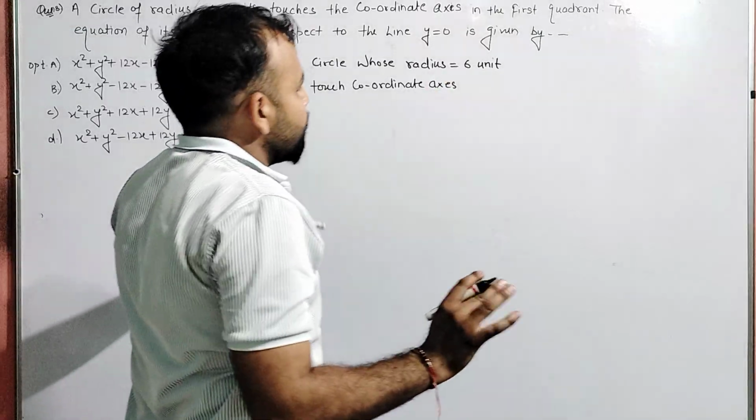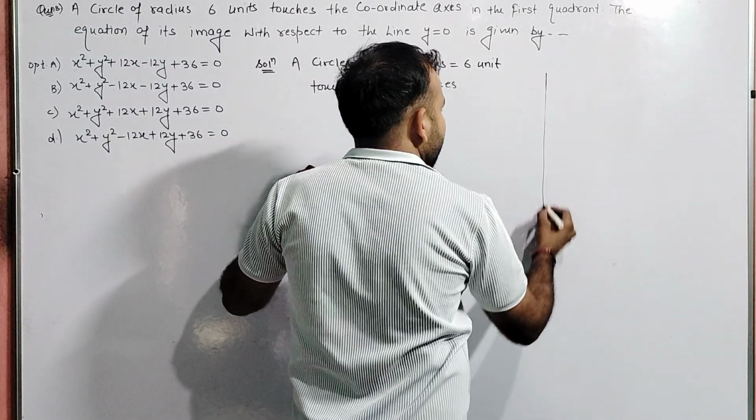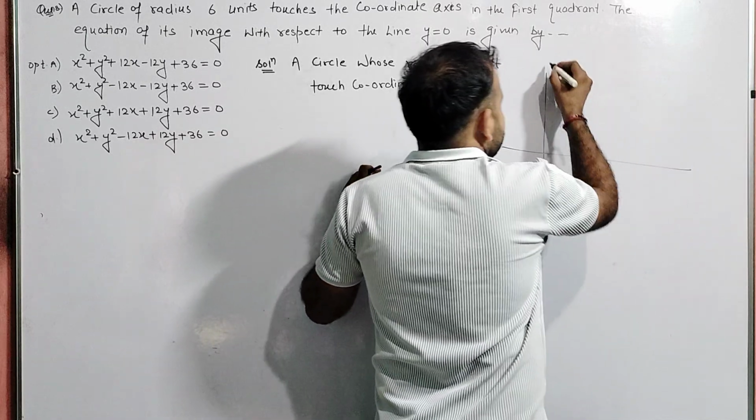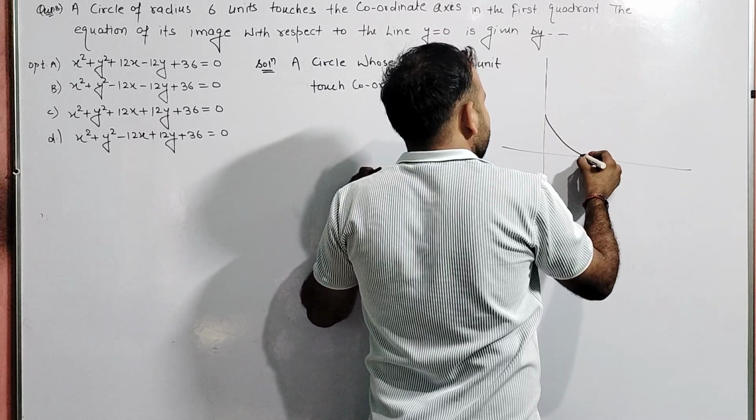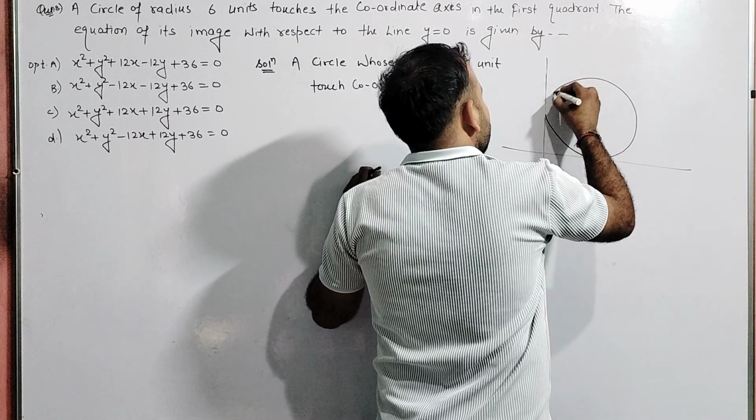That means we are going to draw a rough sketch for this situation. In that situation, we can see that this is such a type of circle. This is a rough sketch.